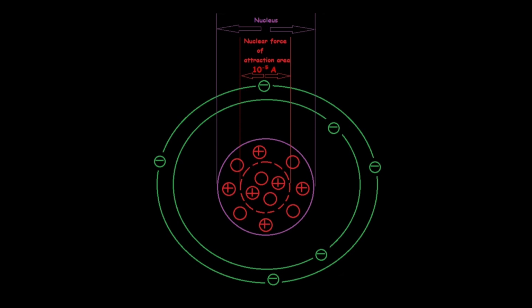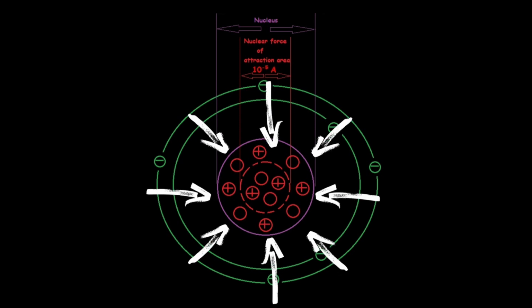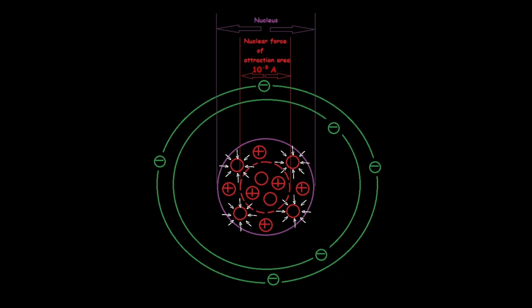This nuclear force overcomes the electrostatic repulsion between protons. When protons are farther apart, at higher than 10 to the power -5 angstrom, the electrostatic repulsion between protons dominates. However, neutrons put a space between protons and prevent protons from flying away. So this is the role of neutrons.